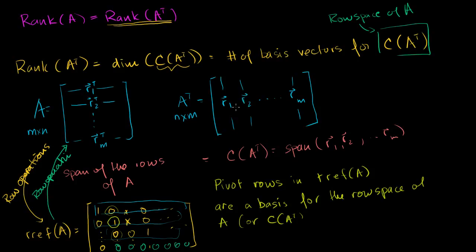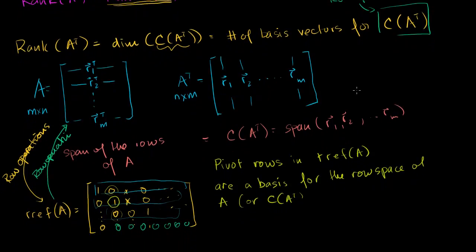Now, if we want to know the dimension of your row space, you just count the number of pivot rows you have. So the dimension of your row space, which is the same thing as the column space of A transpose, is going to be the number of pivot rows you have in reduced row echelon form. Or, even simpler, the number of pivot entries you have, because every pivot entry has a pivot row.